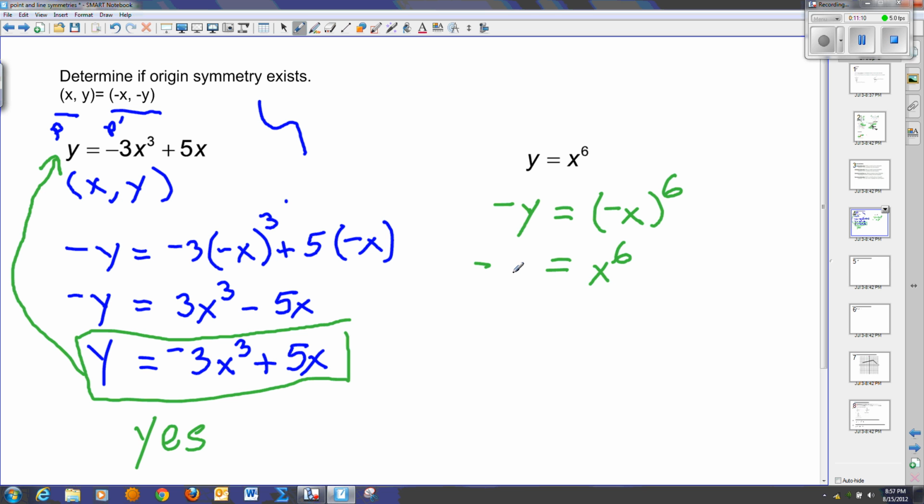Negative y is just negative y. Divide both sides by a negative 1. So I have y equals negative x to the 6th. In this example, while I have y is equivalent to y, negative x to the 6th is not equivalent to x to the 6th. Those aren't equal. So therefore, this is not origin symmetric.